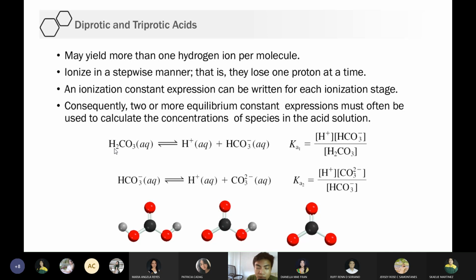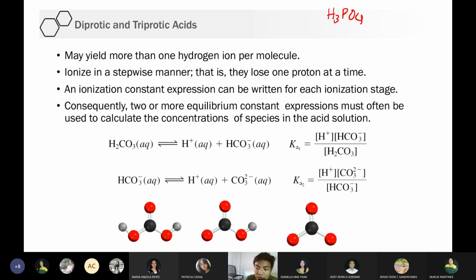So if you have a diprotic acid, how many steps are needed to remove the protons? Two. This is the first step and the second step. So for a diprotic acid, the dissociation happens twice. For a triprotic acid, suppose we have H3PO4, how many steps for phosphoric acid?